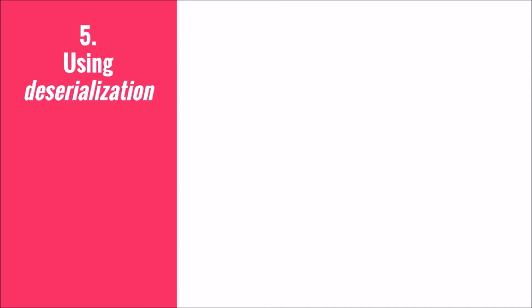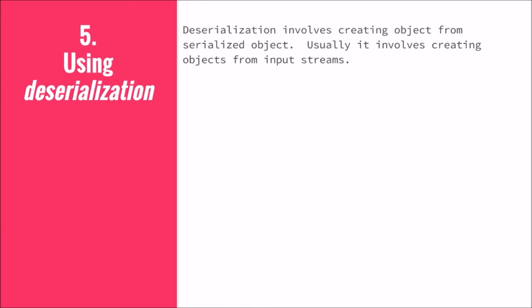The fifth method is using deserialization. So what is deserialization? Deserialization means reading back a serialized version of objects. So what is the serialized version? The serialized version is where from an object I create the state and store it in a file, or I want to send this object across the network, so somehow I create a byte stream and send it through the network so that other JVMs or other programs can get access to the object.